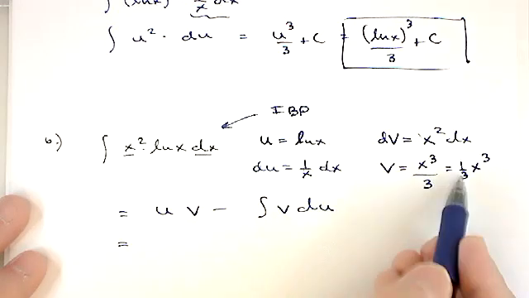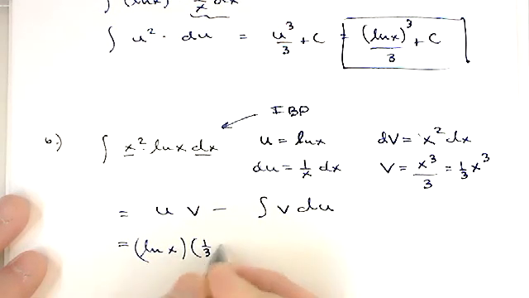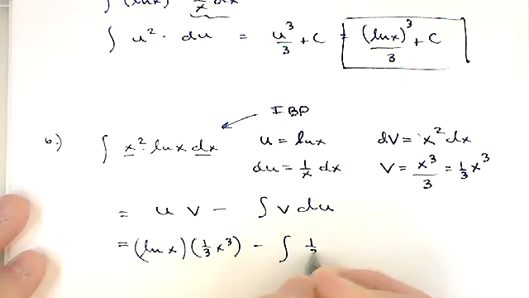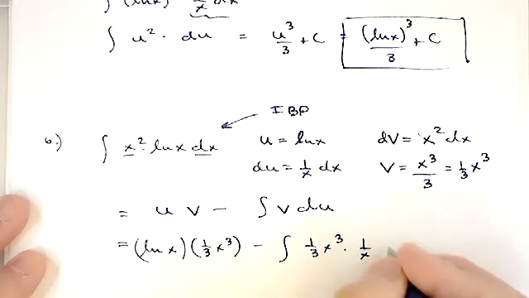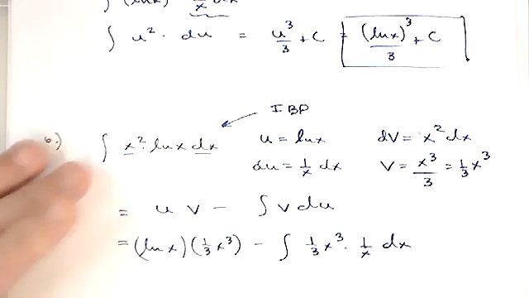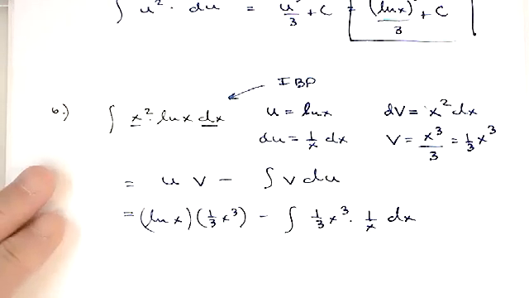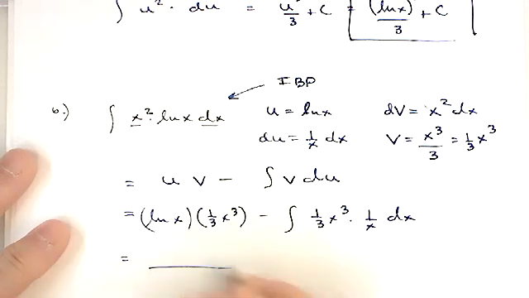So u times v minus the integral of v, 1/3 x cubed, times du, which is 1 over x dx. To save a little time, I'm going to bring this down on the next answer.